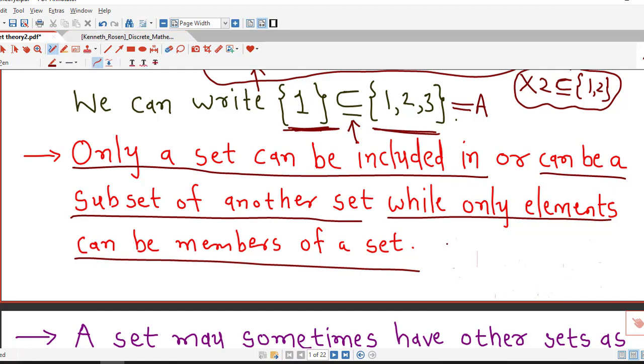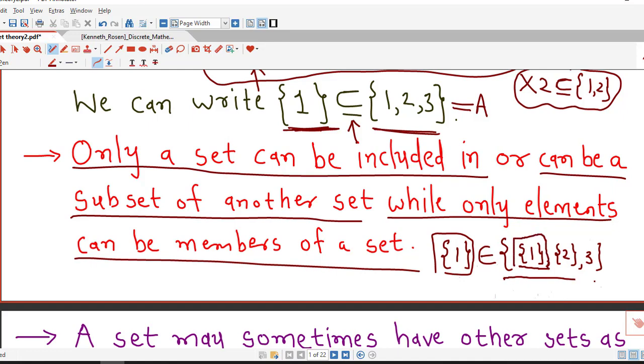Suppose we have this type of sets. Here we have the set containing 1, and on this side we also have the set containing 1, the set containing 2, and element 3. If we use membership notation, then this is correct, because now the set containing 1 is a member of this set.